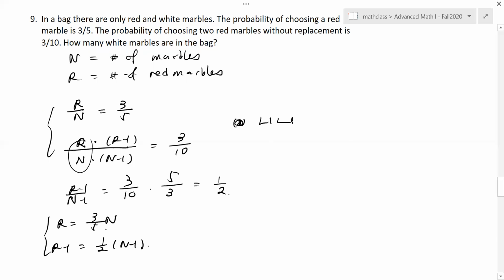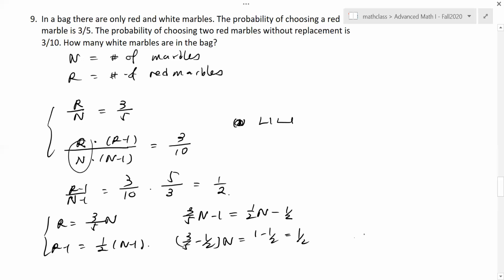So you multiply this out. I'm going to find n first. By the first equation, 3 over 5 n minus 1 equals 1/2 of n minus 1/2. I'm going to move this term to the left, and 1 to the right-hand side, it's just 1 minus 1/2, which is 1/2.